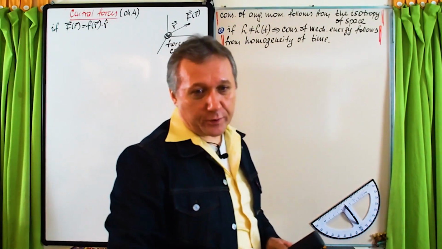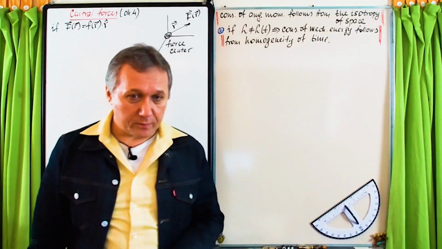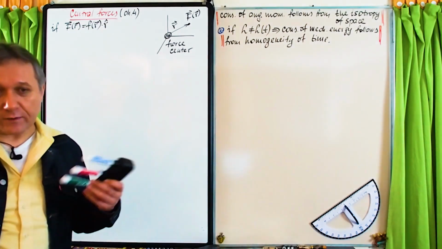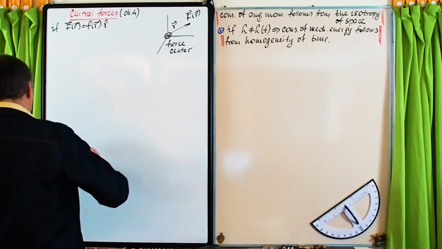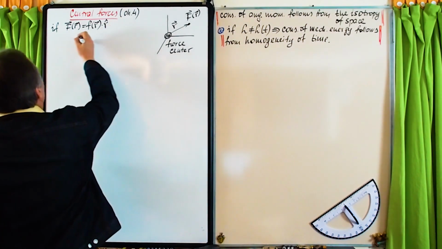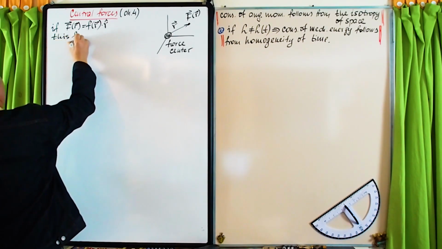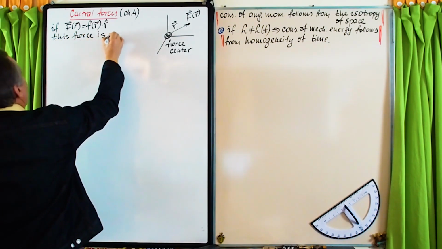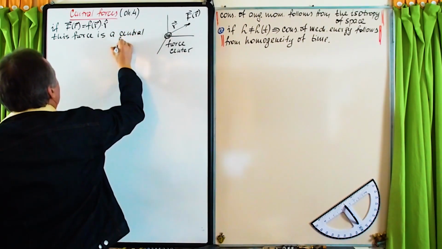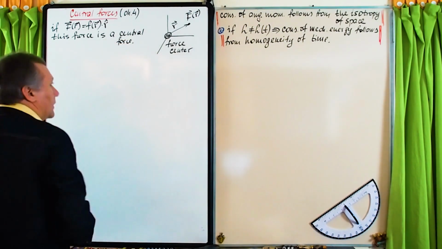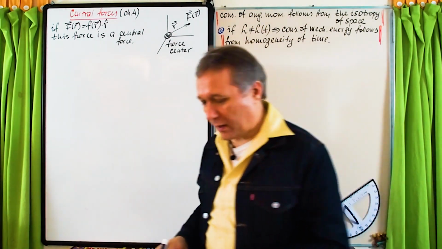Basically, if a force acts along the r direction, that force is called a central force, right? So this force is a central force. The direction of the force is along r hat or in the opposite direction to r hat.